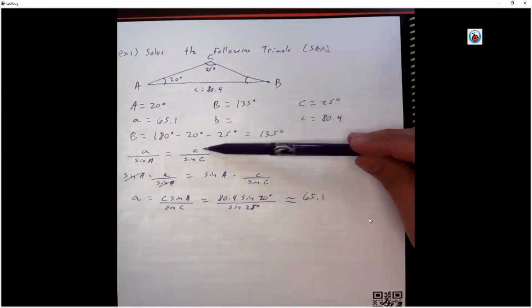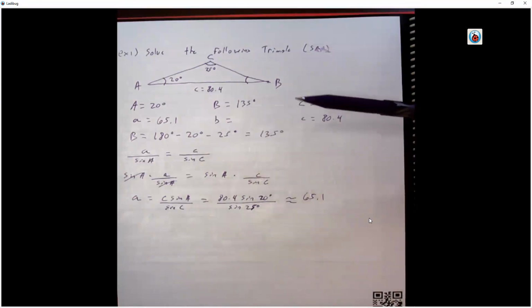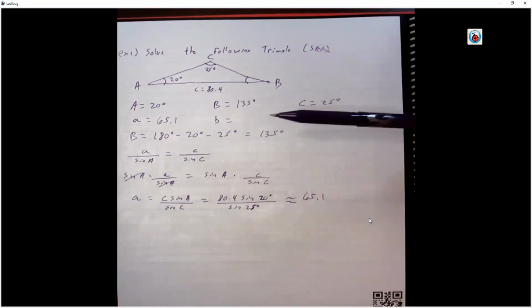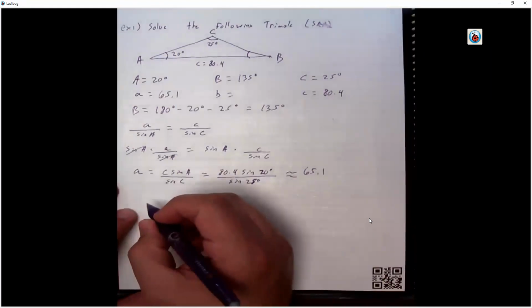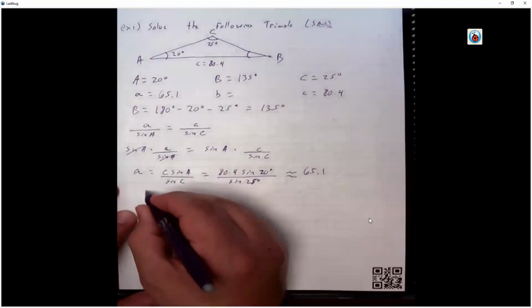If you were trying to isolate little c, yeah, you could do that. You can do whatever you like. You have an equation, just make sure you solve for the thing you need, right? You'll be fine. So I'm trying to set it up with the least amount of steps.